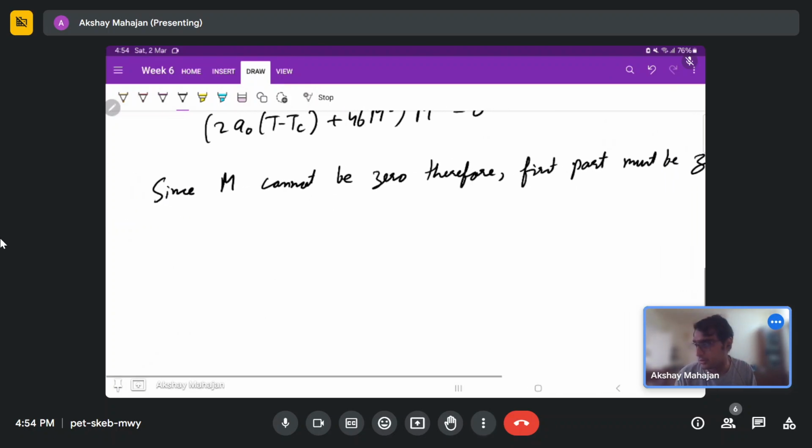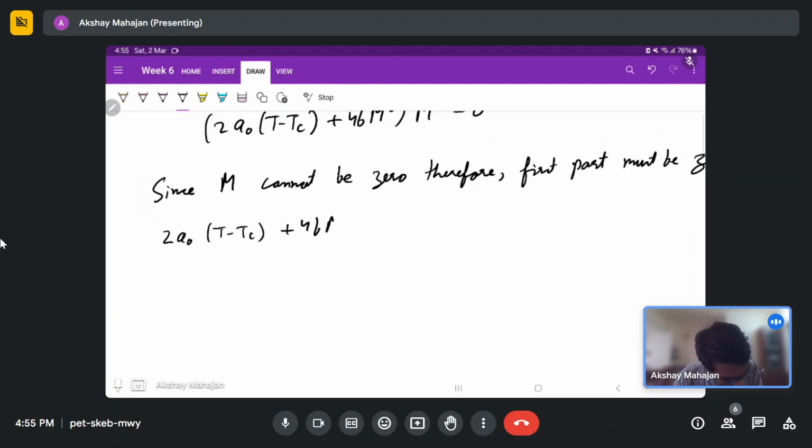Alright, so that gives us 2 A naught (T minus Tc) plus 4B m square is equal to 0. So here m square will be equal to minus 2 A naught (T minus Tc) by 4B.